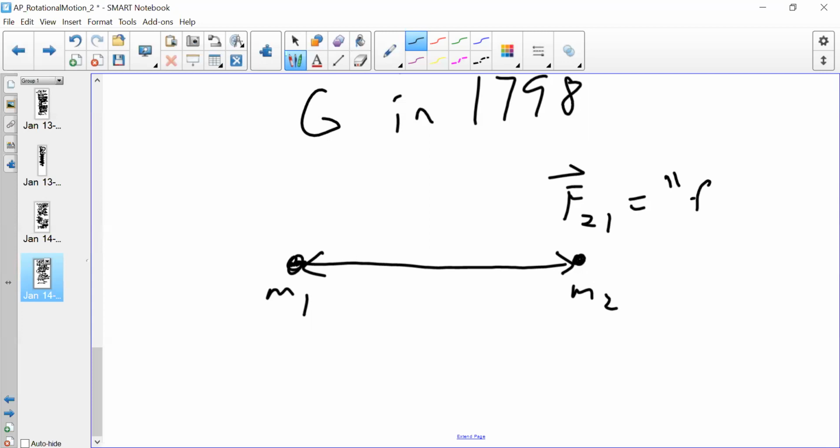So the gravitation force of 2 on 1, positive, goes to the right, and this would be negative 1 on 2. And we know that they're equal but opposite. And so the G m1 m2 over r squared is the same magnitude for both of these, where this is Earth and Moon. This is r, of course, constant, but just pointing opposite directions.